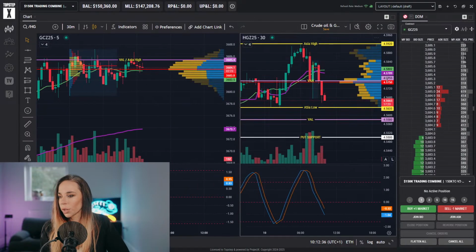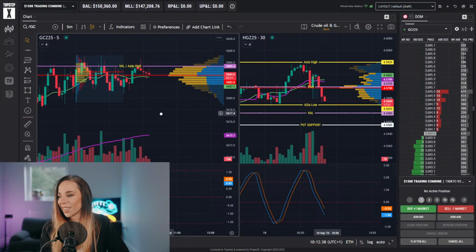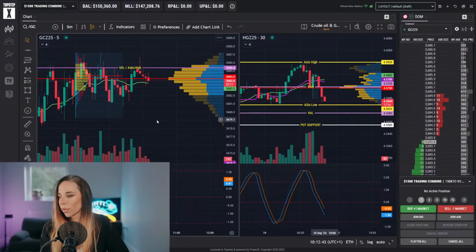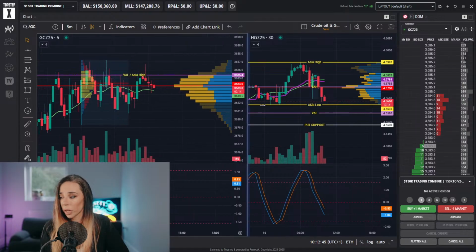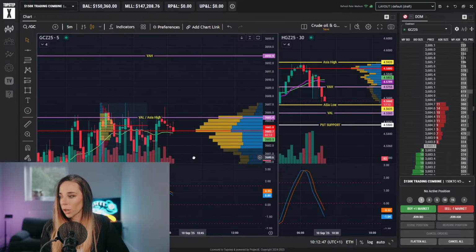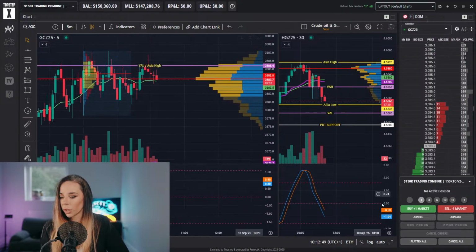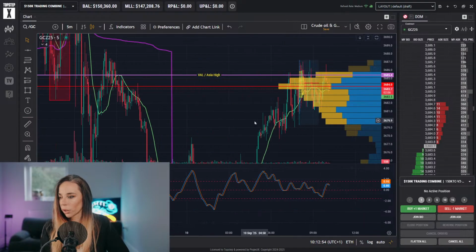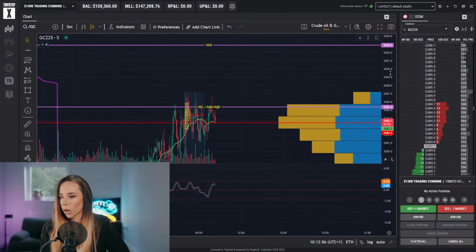All right, gold still in range. Still in range. Now, once we get to the LME, there needs to be a little bit of an adjustment in the way we're looking at Asia high, Asia low.